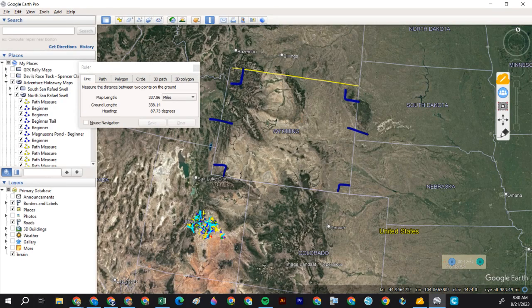So is Wyoming a rectangle? No, it's not. So could you force your field to be like that? Sort of. Watch what happens when we try to do that. That is a really good question.